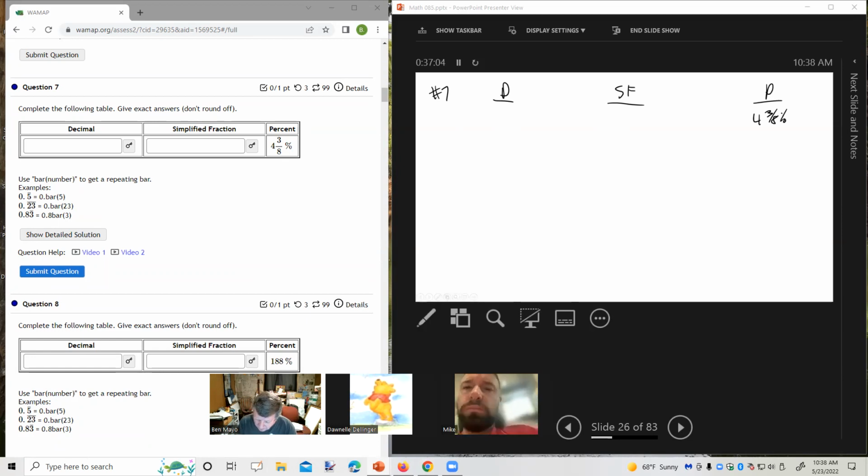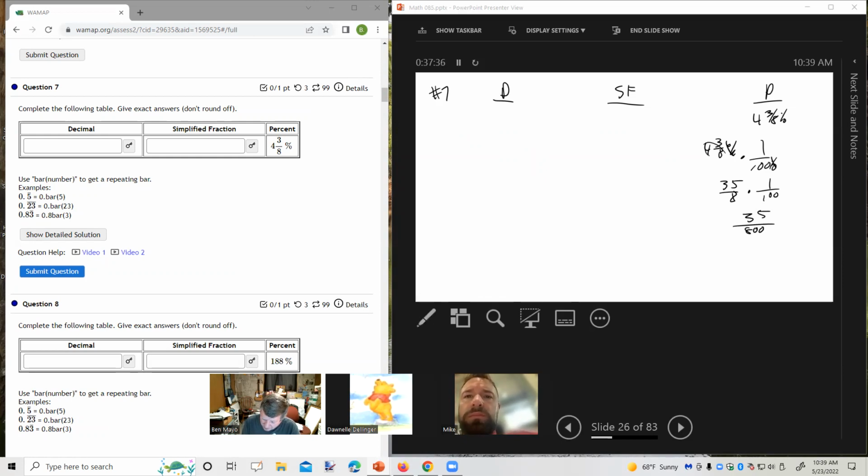All right. If we take 4 3/8% and we multiply it by 1 over 100%, that gets rid of the percent sign. So now we have 4 3/8 over 100, but 4 3/8 could be 35/8 times 1 over 100, which would be 35 over 800.